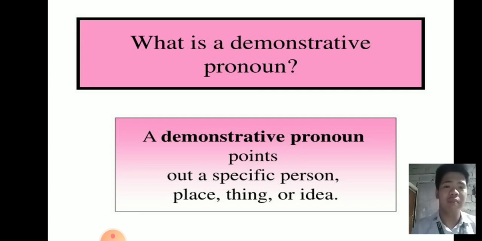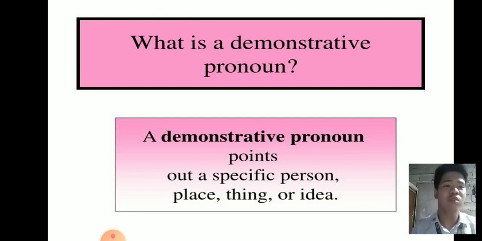A demonstrative pronoun points out a specific person, place, thing, or idea. Anything that is or that are names, animals, places, things, or ideas can be pointed out using a demonstrative pronoun.